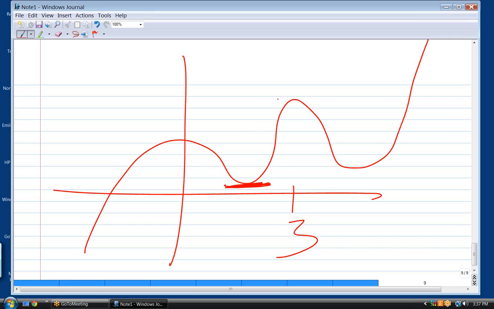It's also going to be 0 there, there, and there. Each of those points is called a local extremum. They're either local maximums or local minimums. That's differential calculus in a nutshell.